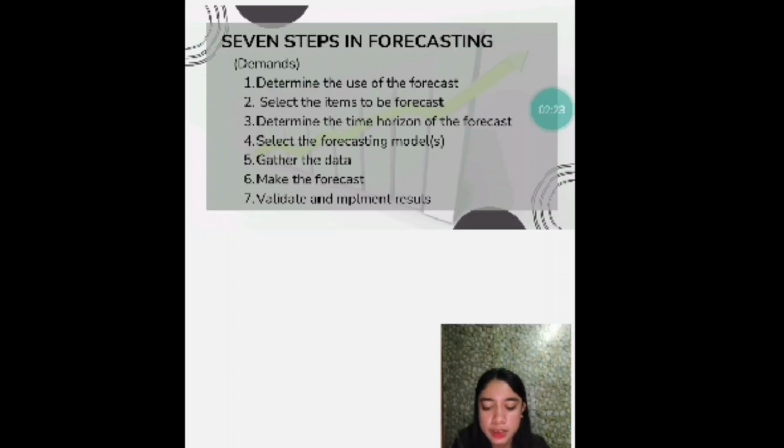The last one is validate and implement results, or check if the prediction is good and then put it to work. For example, see how accurate your forecast was by comparing it to what actually happened, or test on a sample of history. And once you trust the forecast, use the number to make real business decisions like placing a materials order or hiring temporary staff.